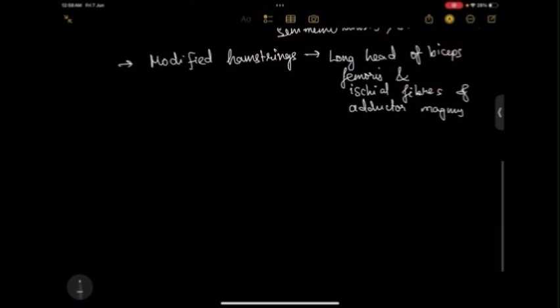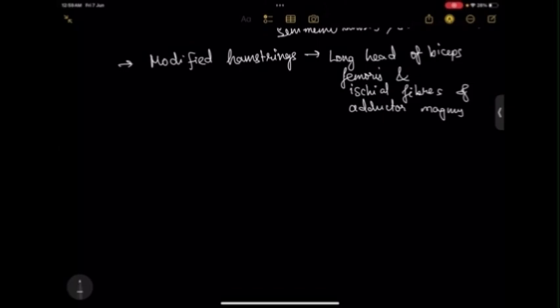You probably remember that the adductor magnus usually has a widespread insertion on the posterior part of the femur, the posterior ridge of the femur, a huge insertion on the linea aspera.